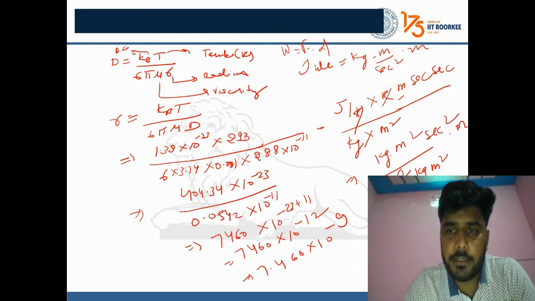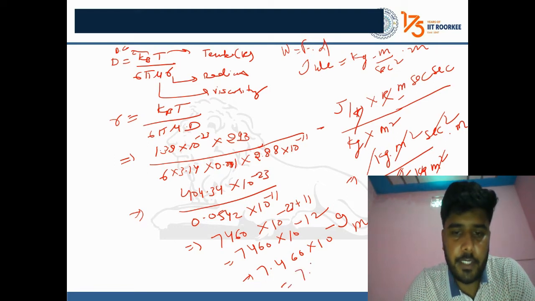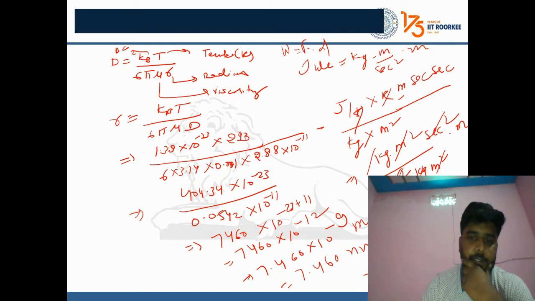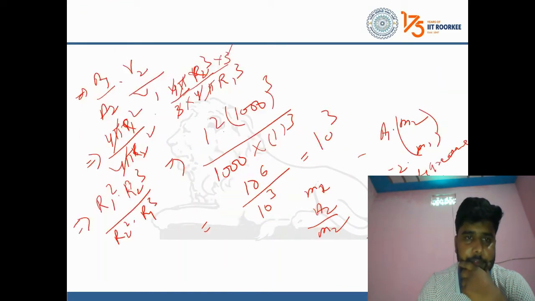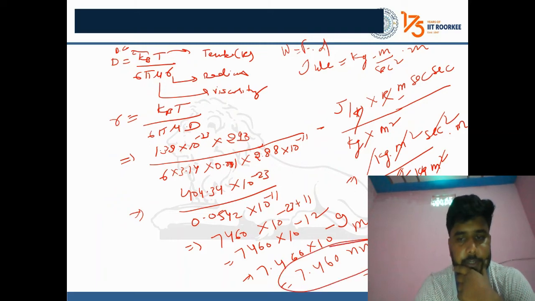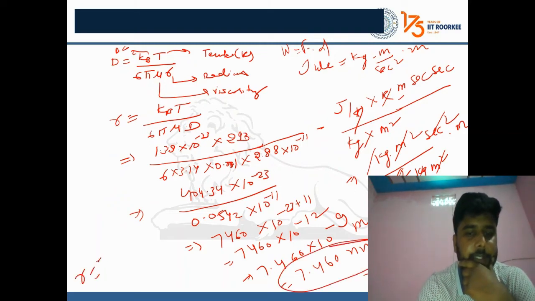These terms will cancel out, leaving meter. You know 1 nanometer is 10^-9 meter. There is no option here, so this will be the value of the radius of the particle.